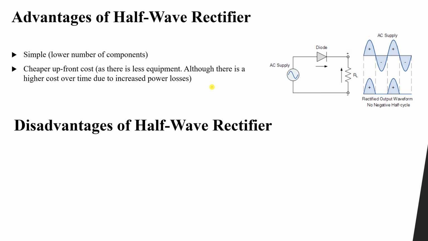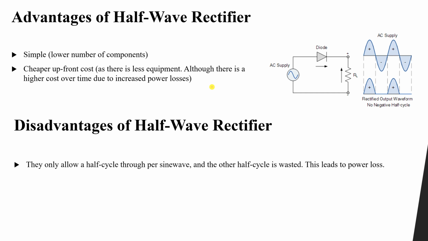However, there is a lot of power loss due to the efficiency of 40%. The disadvantages include, number one, it only takes advantage of just half of the signal. The other half is completely wasted, which leads to power losses and 40% efficiency. Number two, the output voltage is very low.